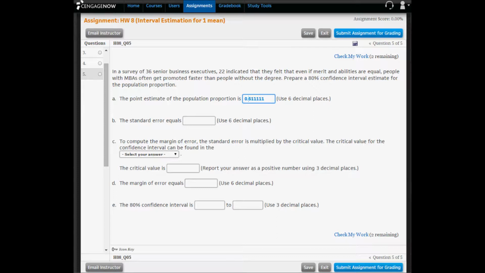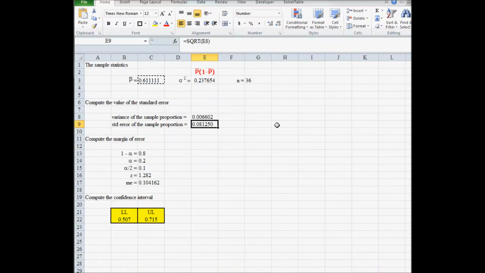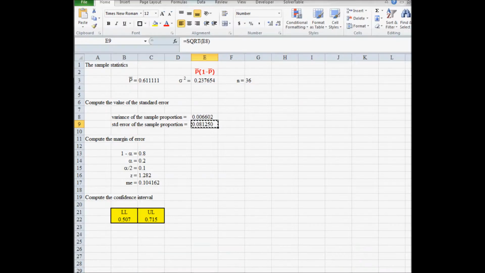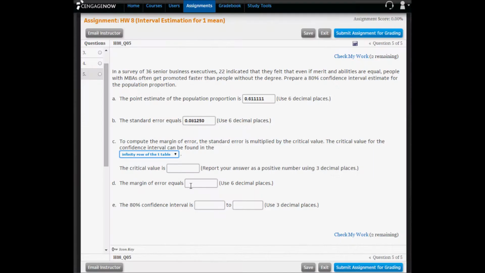The standard error equals, to 6 decimal places, 0.081250. Now, the critical value for the confidence interval was found in the infinity row of the t-table. And it was equal to 1.282. And that's the 3 decimal places.